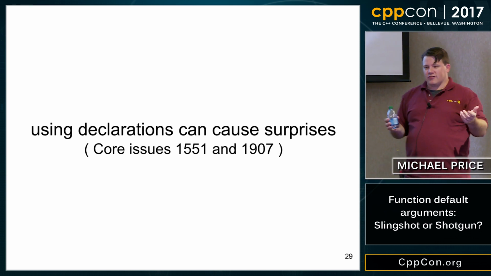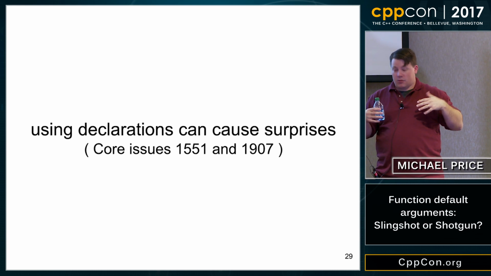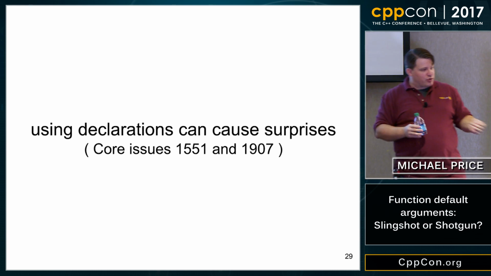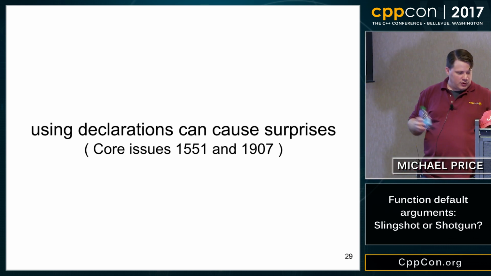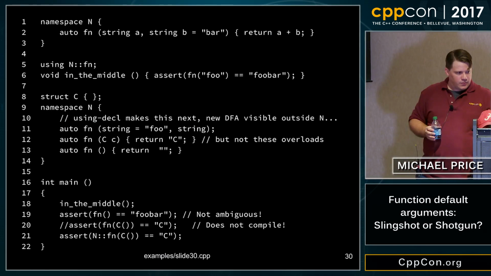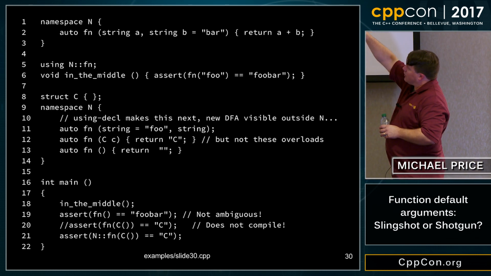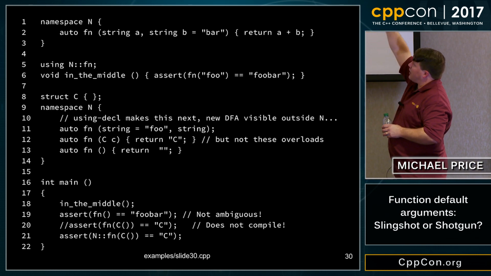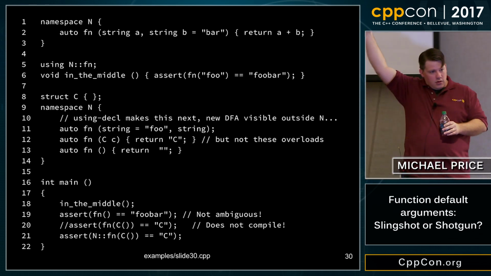So using declarations, that's a way to pull names into a scope, right? It can cause more surprises. There are actually core issues in the standard committee for some of these things. So namespace n has a function that just concats two strings together. The second string is defaulted to bar. Then I say using n::fn, right?